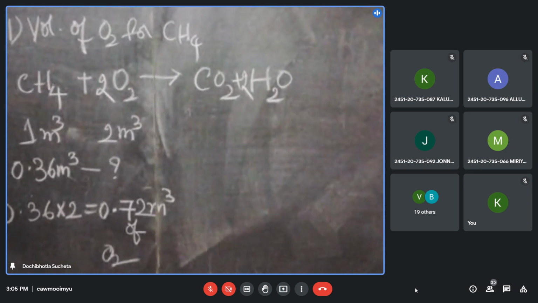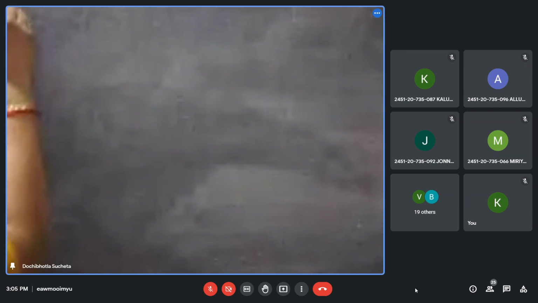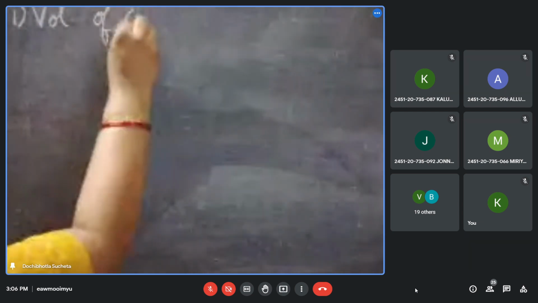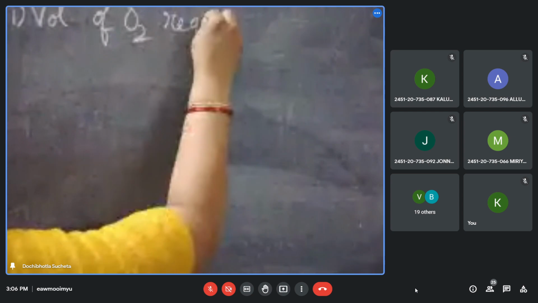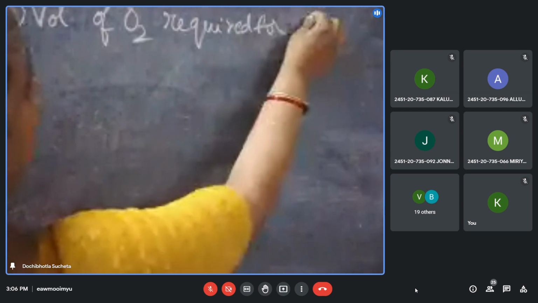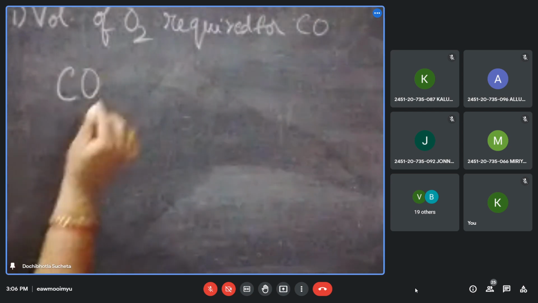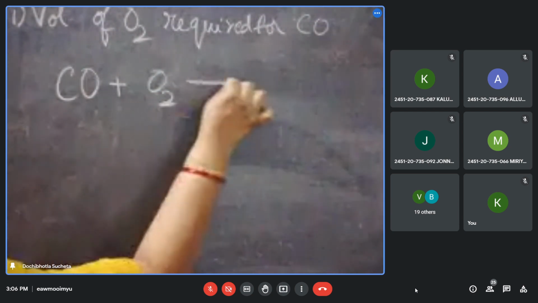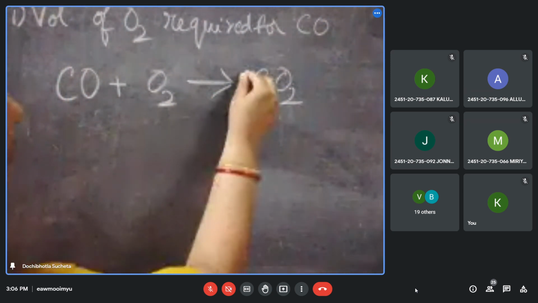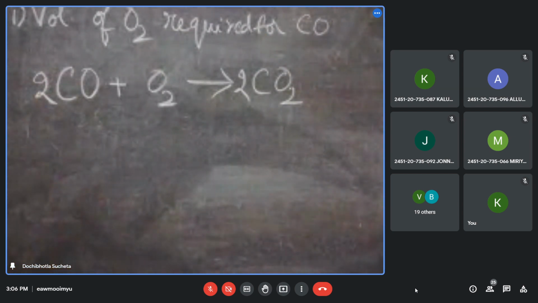Carbon monoxide oxidation requires what? Volume of O2 required for carbon monoxide. I write the balanced equation for stoichiometry. CO reacts with O2 to form CO2. Not balanced: 2, 1, 2.